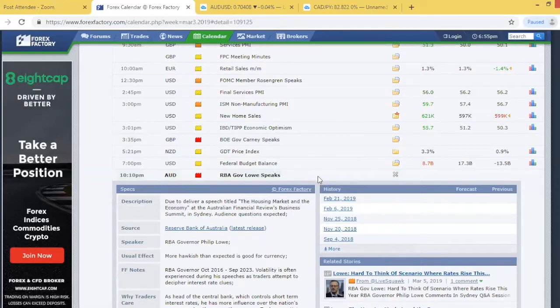The Reserve Bank of Australia made its position on the housing market very clear, that it expected growth, it expected good performance over the short to mid-term.